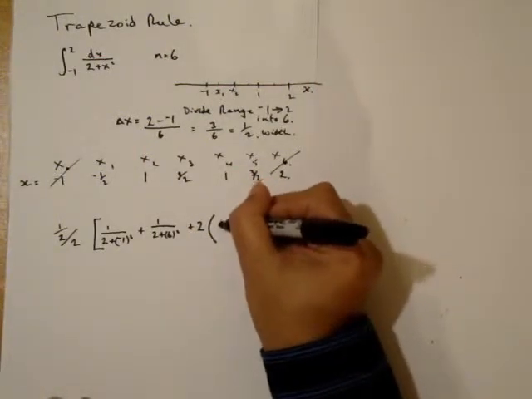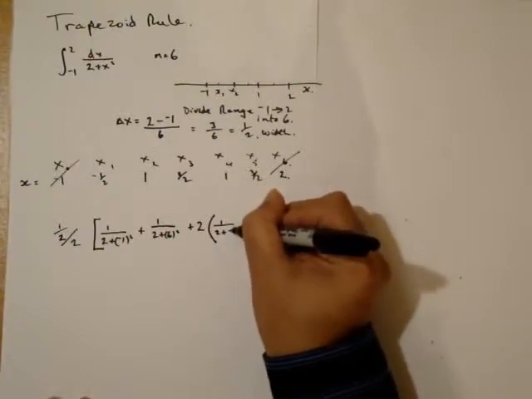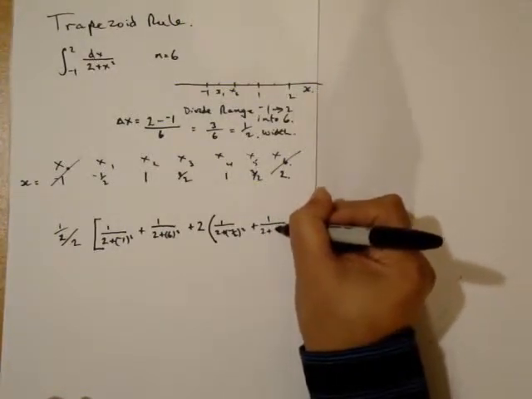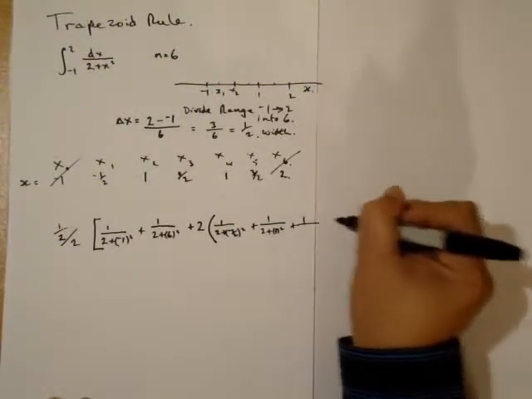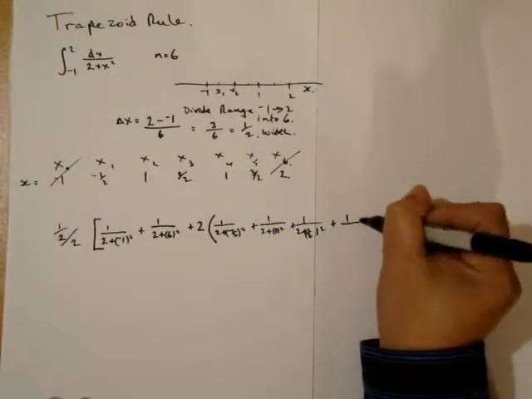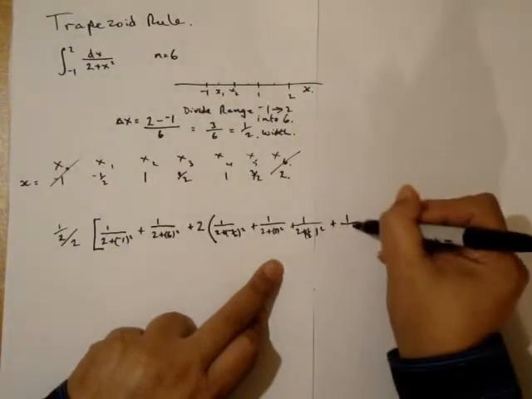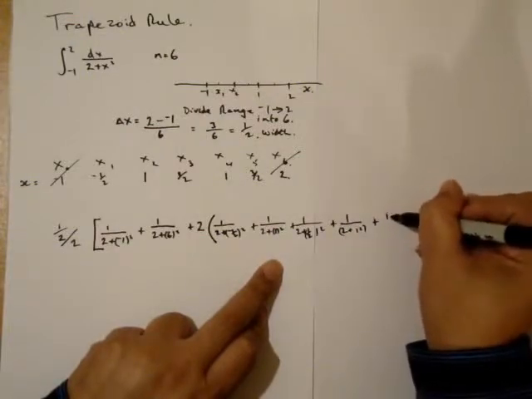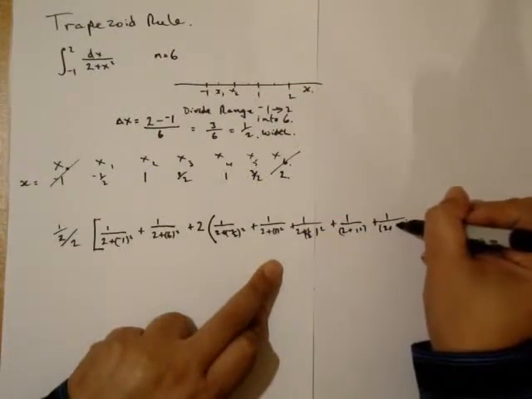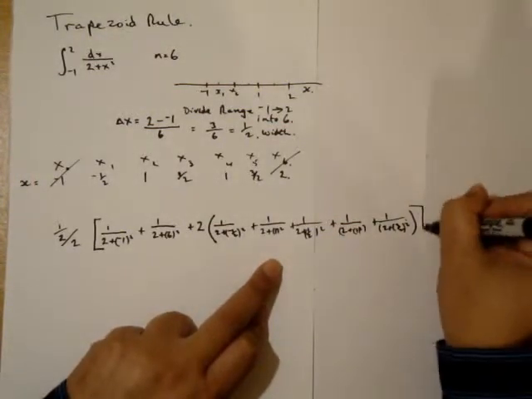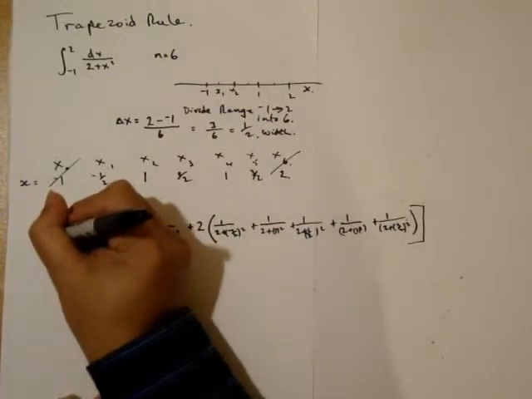So it would be 1 over 2 plus -1/2 squared, plus 1 over 2 plus 0 squared, plus 1 over 2 plus 1/2 squared, plus 1 over 2 plus 1 squared, and then the last one, plus 1 over 2 plus 3 over 2 squared, and then we end the brackets, and that would give us an estimate of our area.